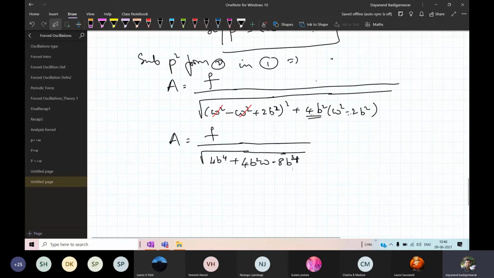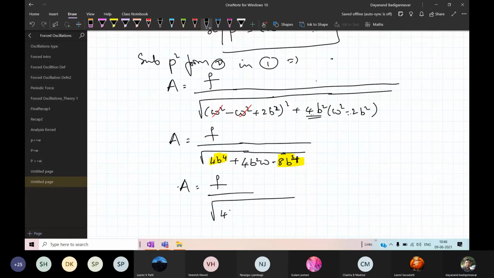So again you simplify it. Look here, this is 4b raised to 4, this is minus 8b raised to 4, and 4 minus 8 gives minus 4b raised to 4. So it gives A equal to F divided by root of 4b square omega square minus 4b raised to 4.